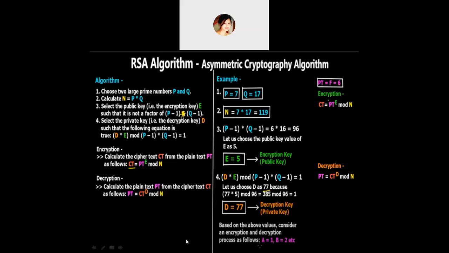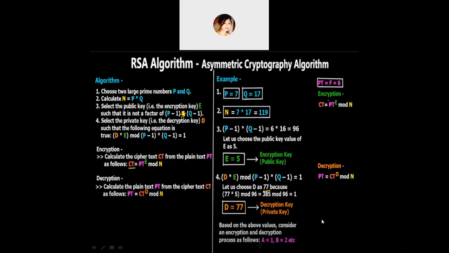So let's see how. Based on the above values, consider an encryption and decryption process as follows. Say I'm taking A equals 1, B equals 2, C equals 3, D equals 4, E equals 5, F equals 6 and so forth. I'm just assigning numbers to the alphabets from A to Z, 1, 2, 3, 4 in that way.